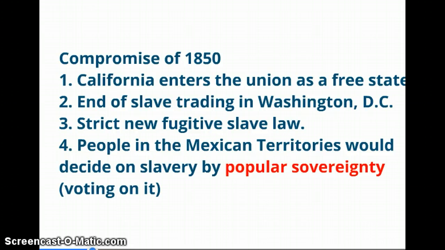Item 2, the slave trade is now going to come to an end in Washington, D.C. This does not mean that slavery is going to end in Washington, D.C., just the auctioning of slaves was going to end. Number 3, this was what Southerners wanted, and probably why slave states' representatives in Congress allowed for the change in balance of power: the strict new fugitive slave law.